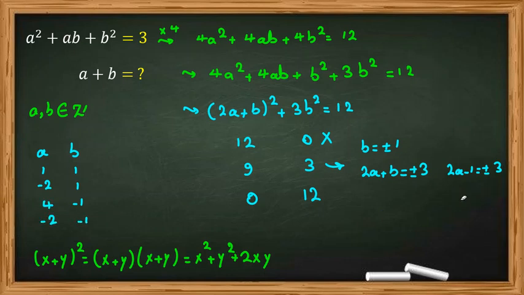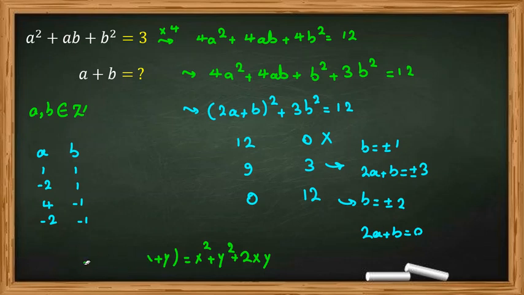Now let's consider other cases. This one, we conclude from here b is plus minus 2, 2a plus b is 0. So let's consider other cases here. If b is 2, then 2a plus 2 is 0, so a is negative 1.